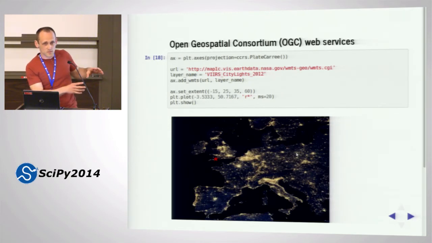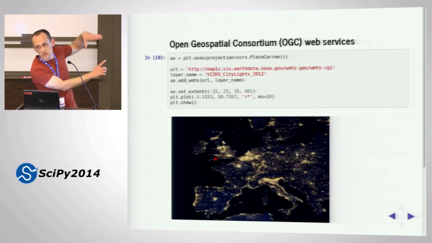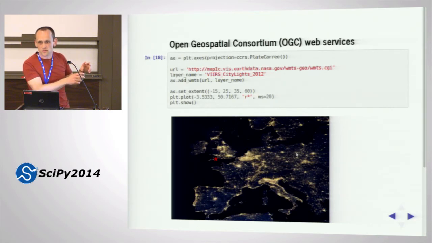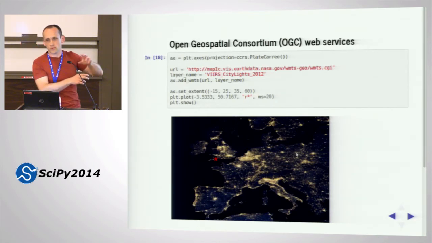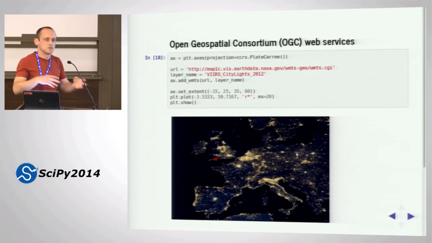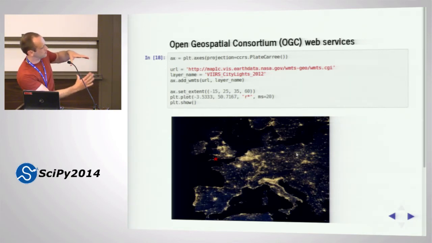WMS is for making regional requests. You give a bounding box, and it gives you back an image that covers that bounding box. WMTS is a slightly generalized version of the Google map tile that you've all probably seen, and it lets you have different coordinate systems and tiles that are only defined over a small region of the Earth.